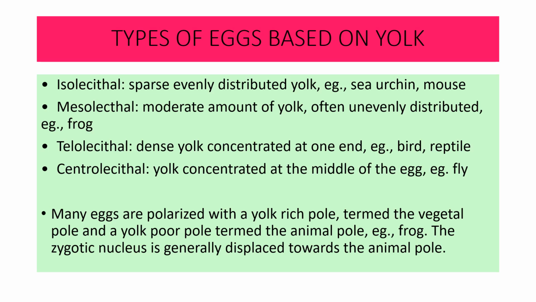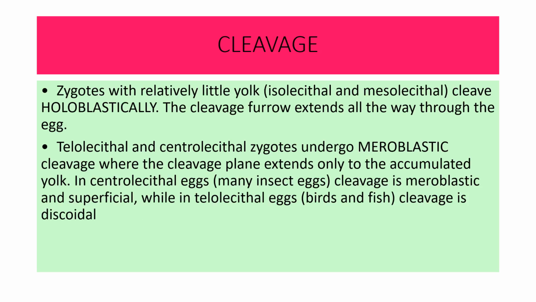Many eggs are polarized with a yolk-rich pole, termed the vegetal pole, and a yolk-poor pole known as the animal pole, for example frog. The zygotic nucleus is generally displaced towards the animal pole. Cleavage: zygotes with relatively little yolk, that is isolecithal or mesolecithal, cleave holoblastically.